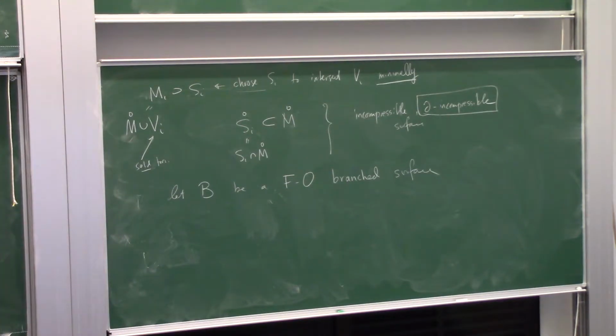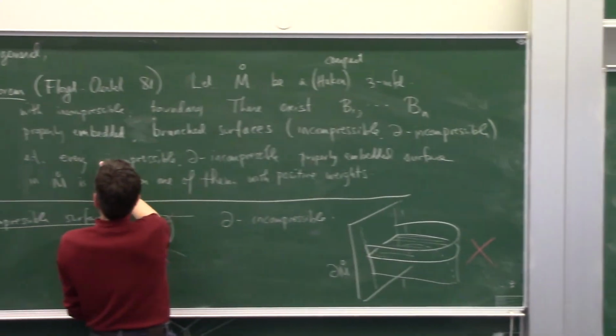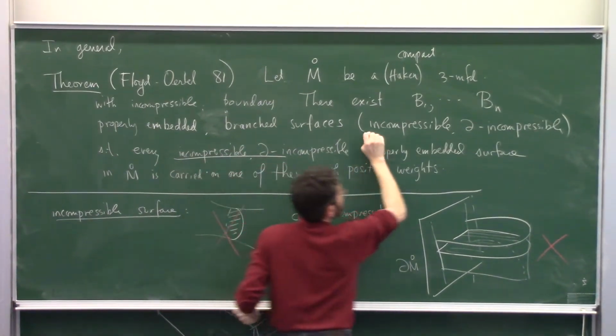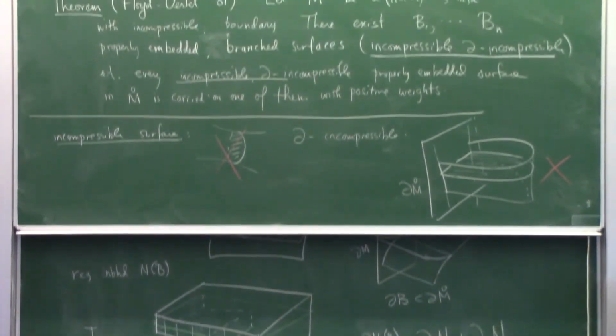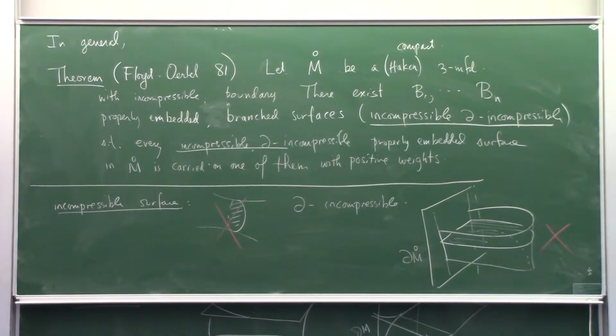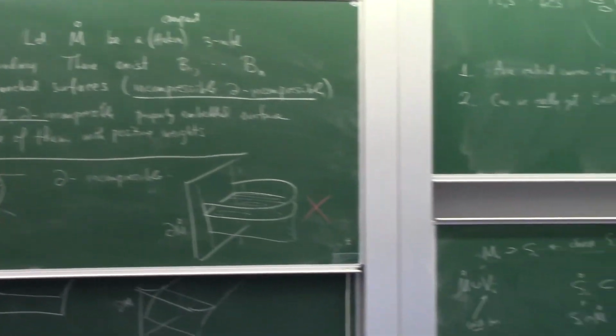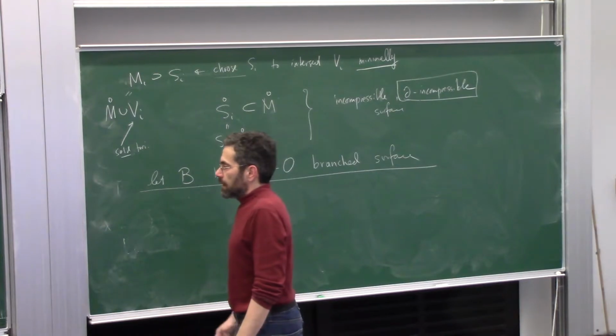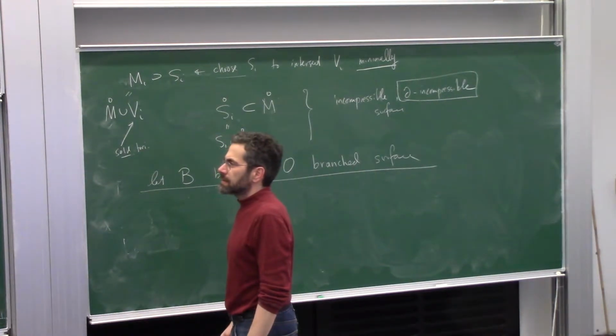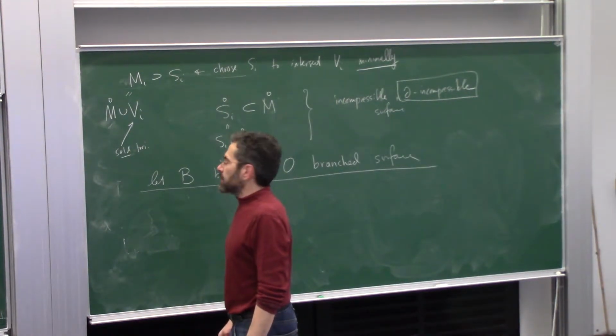But there's kind of a list of roughly 3 properties that make a branch surface, where the condition of being incompressible for a branch surface is a little list of conditions, which I'm not going to write down now. But we have these conditions. And now we have to study what happens.